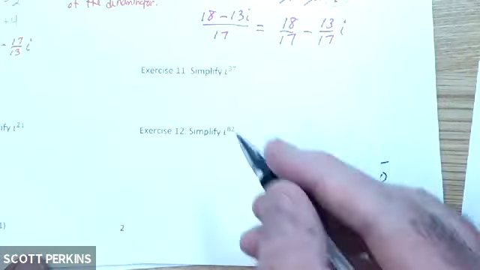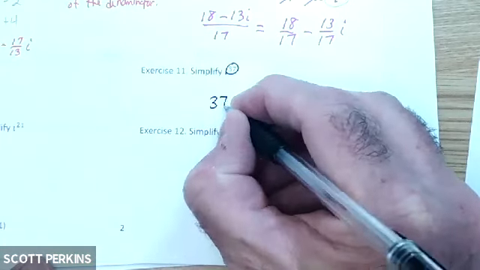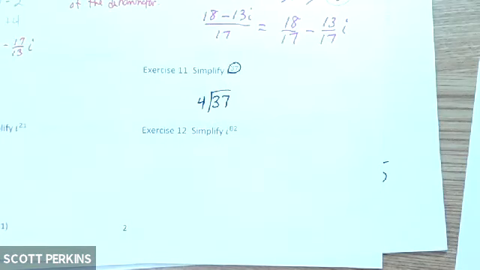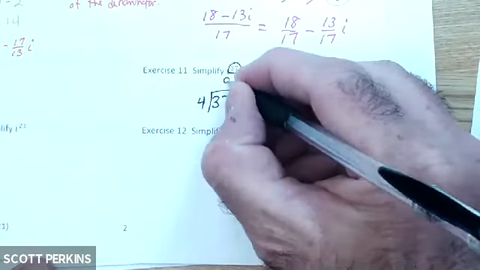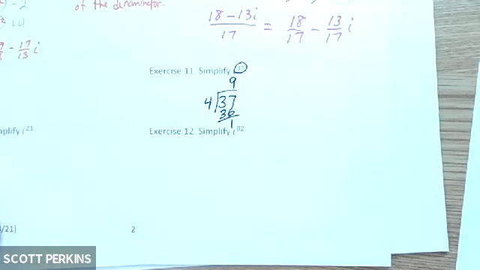We're going to take the power, the 37, and divide it into groups of 4, because remember, every i to the fourth is just 1. This is just seeing how many 4-packs of these i's I have. So 4 goes into 37 9 times and leaves a remainder of 1.